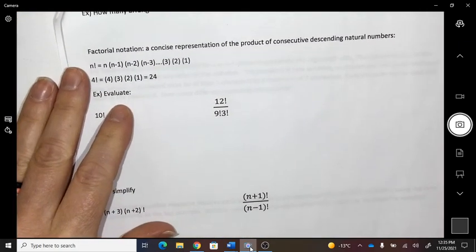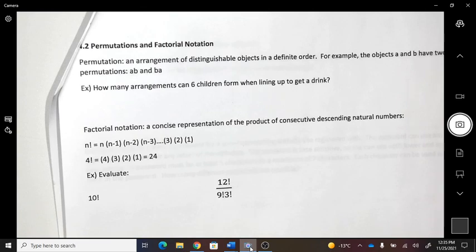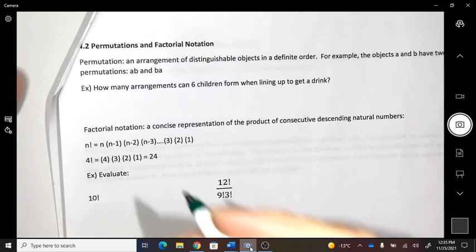Factorials. Permutations, factorials, lots of new words. How many arrangements can you do when you line up 6 children to get a drink? So they all are lining up for the water fountain.